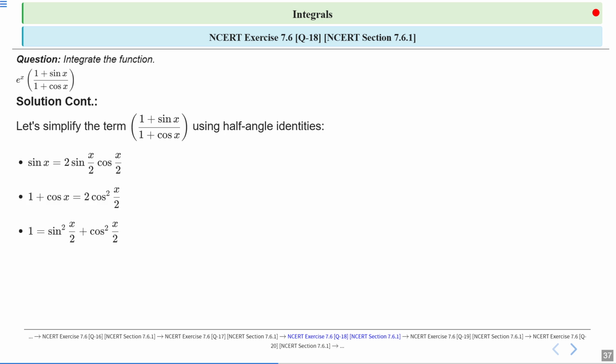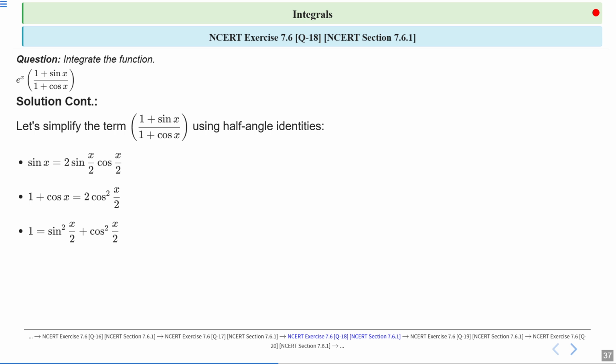So we know that sin 2x is 2 sin x into cos x. We apply the half angle identities, that is sin x can be written as 2 sin(x by 2) into cos(x by 2), and 1 plus cos x is equal to 2 cos square (x by 2), and the 1 can be written as sin square (x by 2) plus cos square (x by 2).